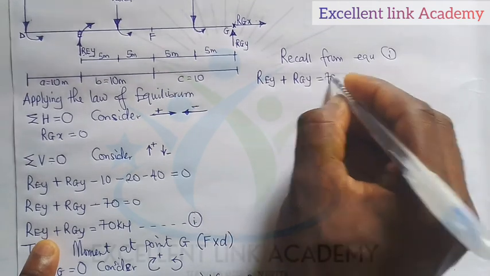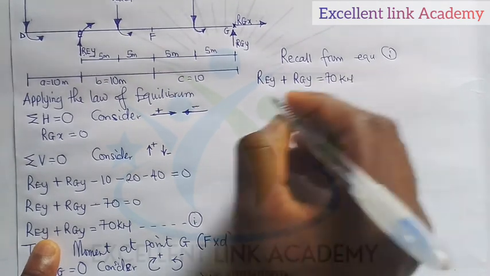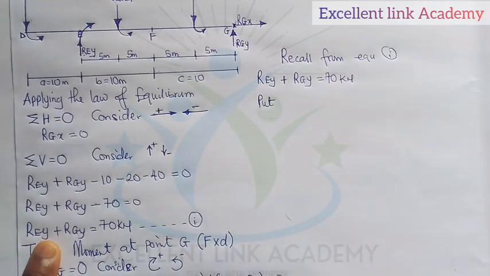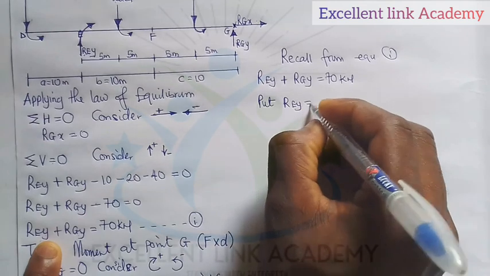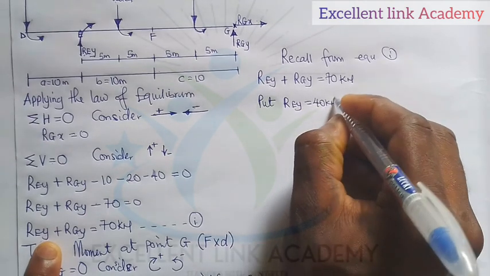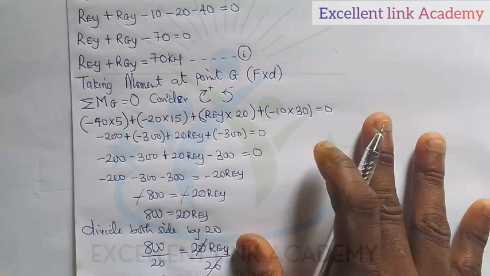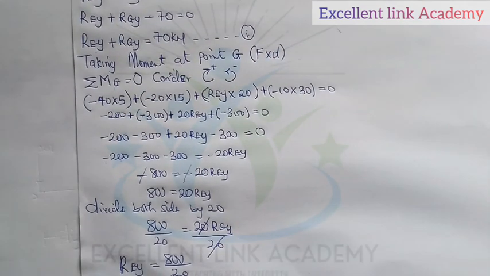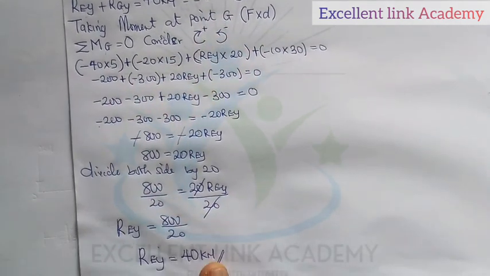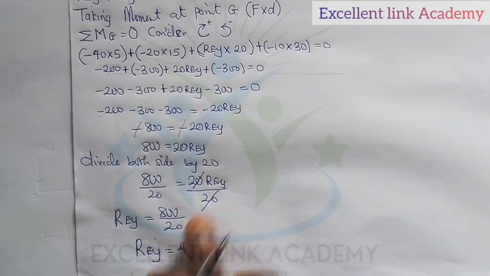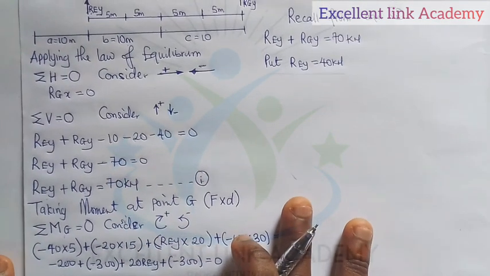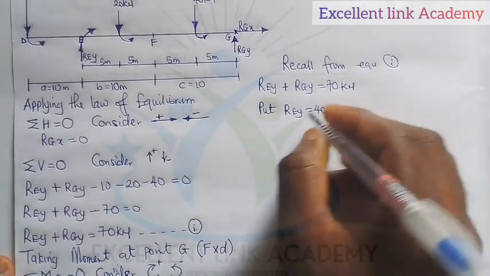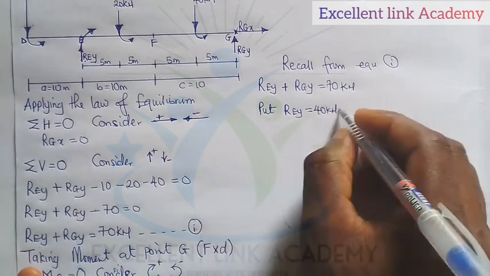So we put REY, which is equal to 40 kilonewton. At this point, this value here, put it into that equation 1. REY, put this value into equation 1, which is this.